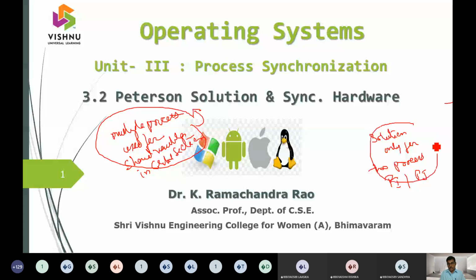So the general solution was confined to only two processes. The earlier solution that we proposed in the previous topic is confined only to two jobs. But if the jobs are more than two, in that case the confinement we took earlier through mutual exclusion, bounded waiting and progression is going to fail.